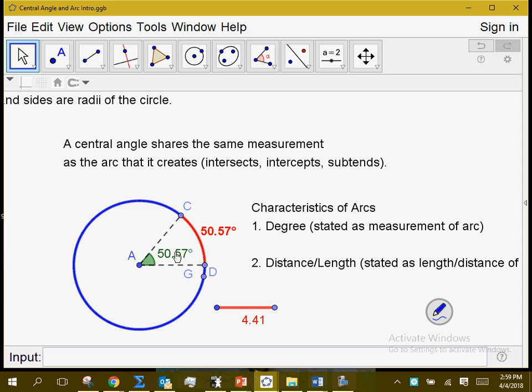But degree-wise, we refer to an arc as having some type of degree, which ultimately, I don't know if this is the best way of saying it, but the larger the degree, the more complete of a circle it becomes. Does that make sense? Maybe the more curvature we incorporate when there's a larger degree of that arc. So like a 30-degree arc, one, it tells you it's pretty small, but two, there's not a lot of curvature occurring there, right?